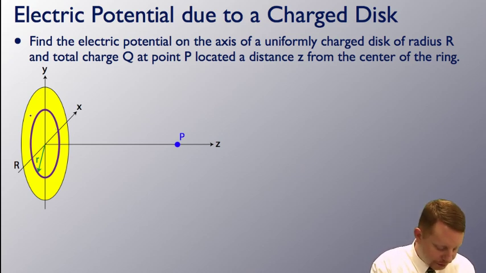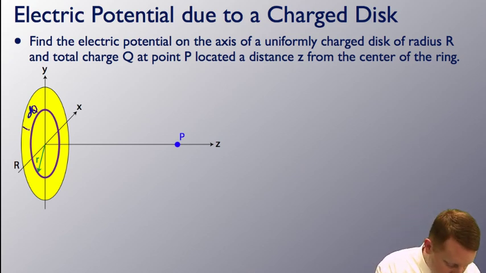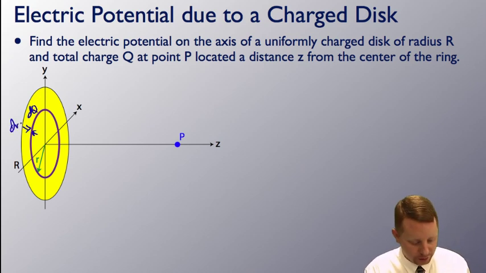We're going to call dq the charge in each little ring, the width of which is dr, as we integrate from little r equals 0 to capital R to get our entire disk.